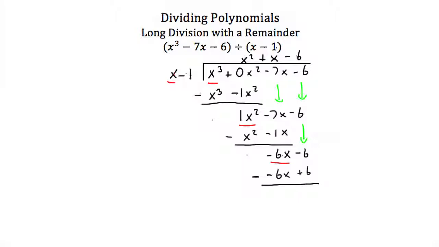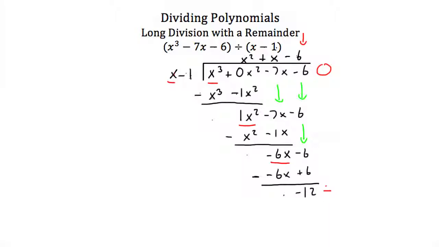Negative 6x minus a negative 6x is 0, and negative 6 minus a positive 6 is a negative 12. Now notice we've hit our constant term. We've run out of terms to bring down, and we're left here with this negative 12.